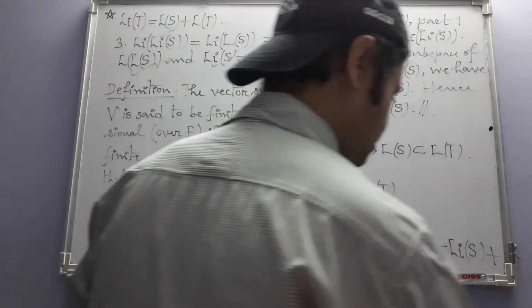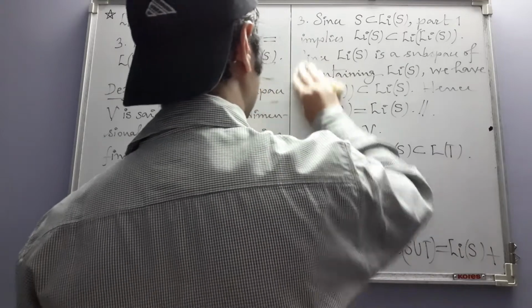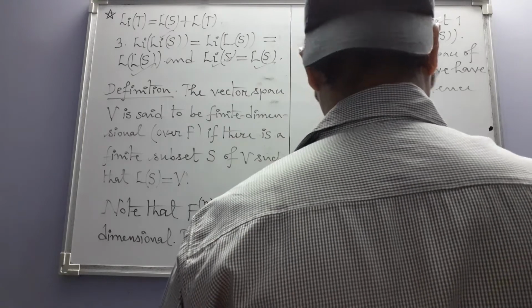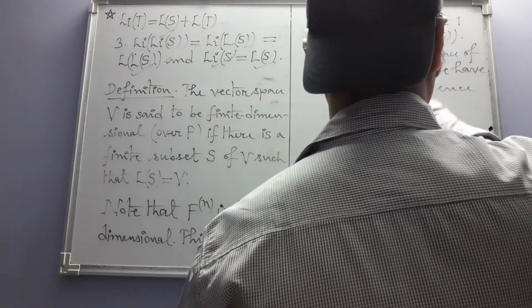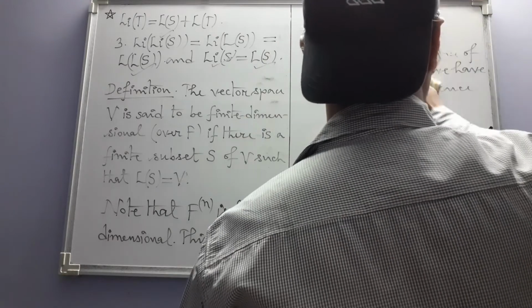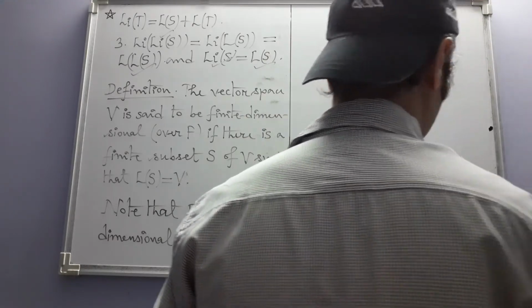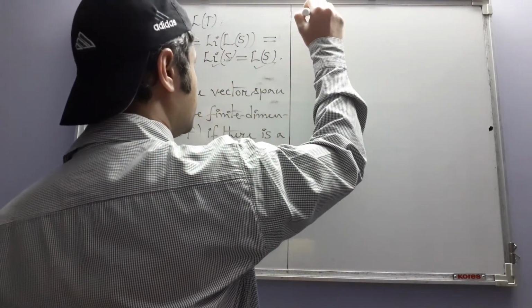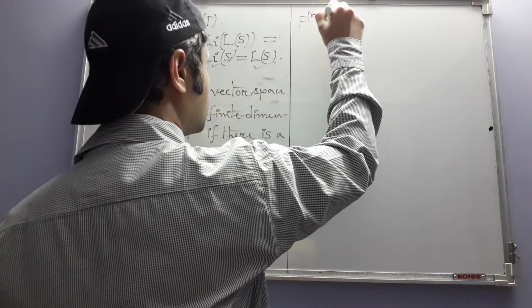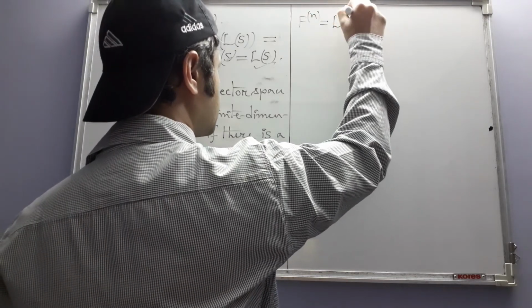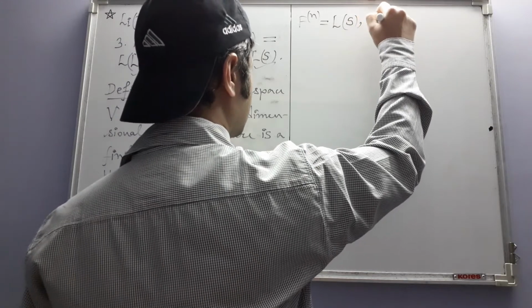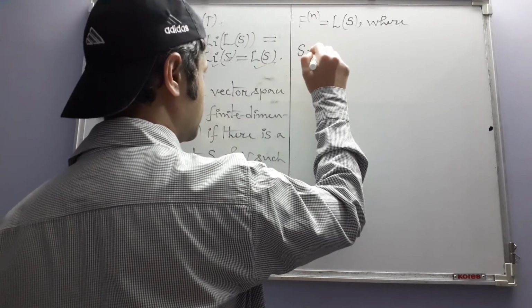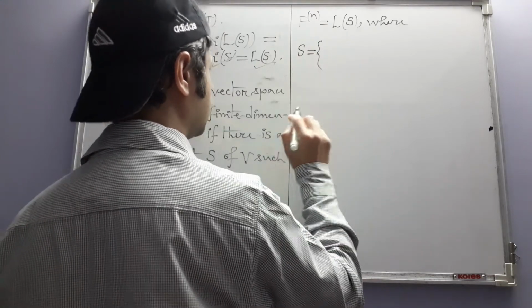This is because Fn is the linear span of S, where there is a very special and natural S which one can guess that generates Fn.